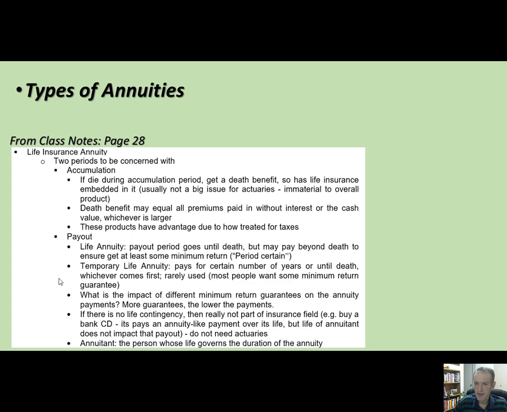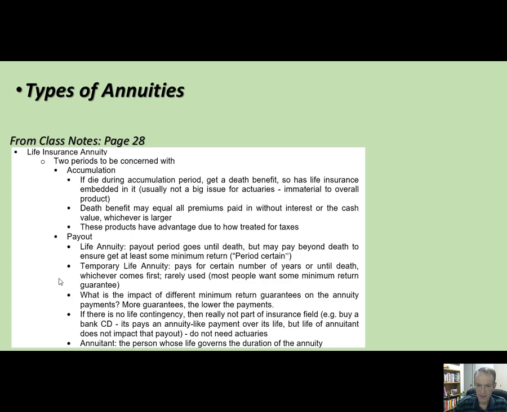After 20 years, it stops paying you. That's not a life insurance annuity. That's just like a certificate of deposit or any other investment. You don't need actuaries to do that. Even though the life insurance industry does sell these products, it's really about the furthest thing from life insurance that they have. They're just pure savings products.